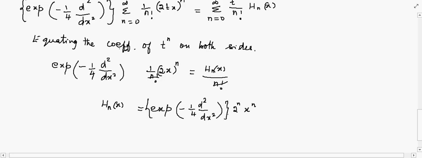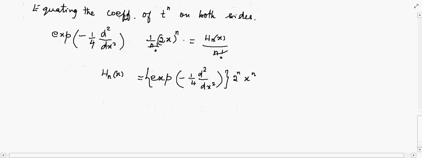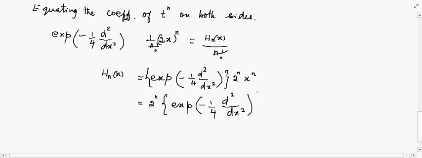Since 2 power n is constant, we can write it in the front. So 2 power n into exponential of minus 1 by 4 d square by dx square of x power n. Hence, we have got the result.